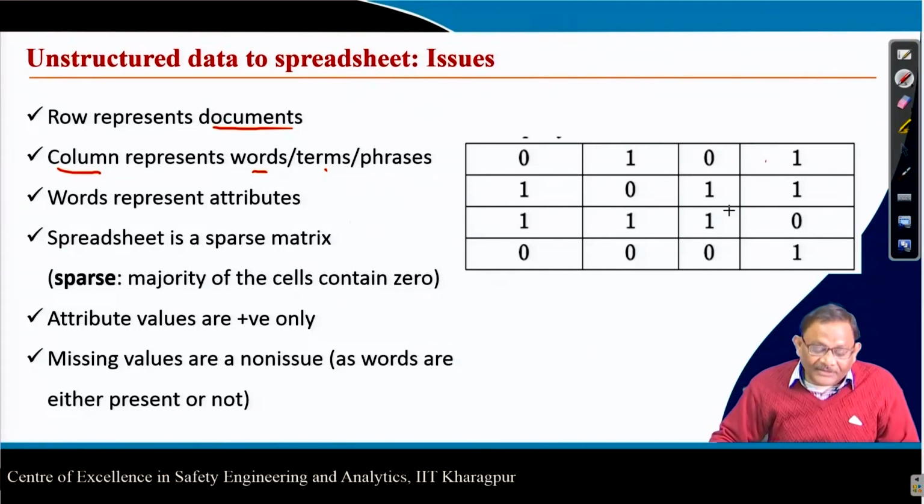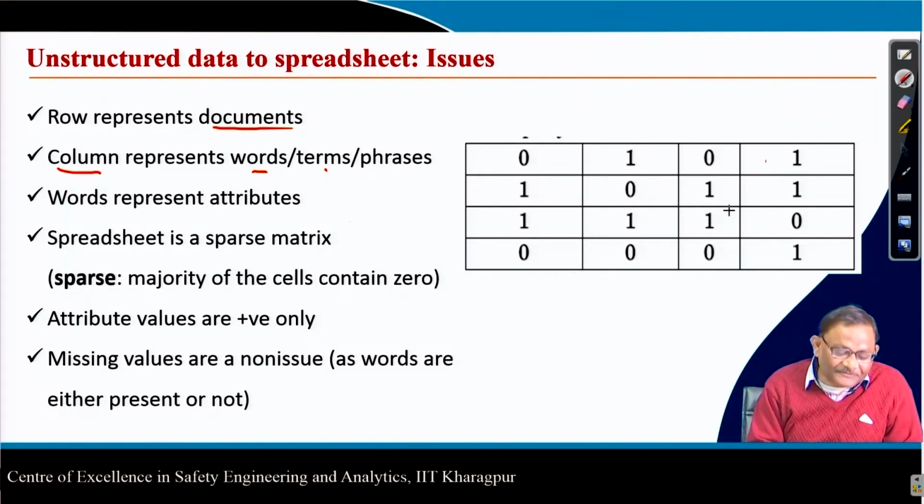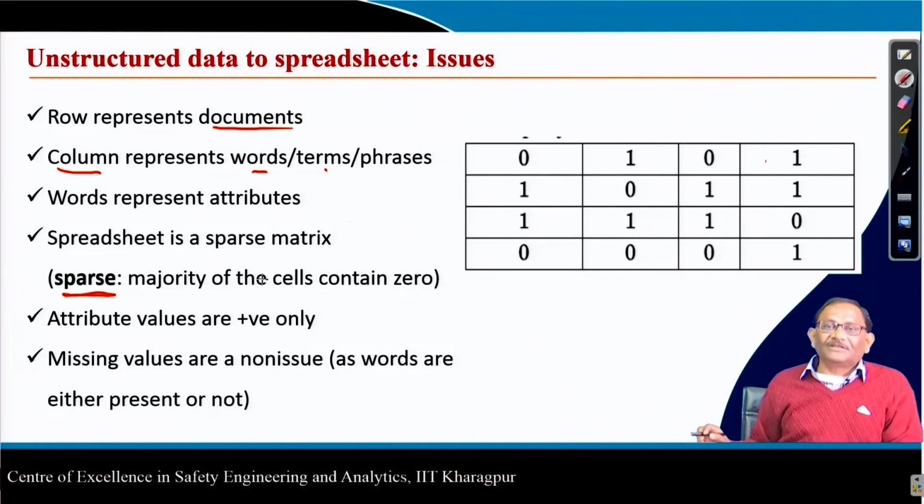But the interesting part of text analytics is that when you convert the text to the spreadsheet model, you will find a large number of zeros in many cells. That is called sparseness of the data, that it is sparse. The majority of the cells contain 0.